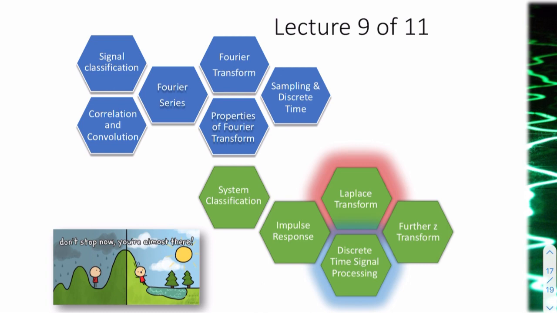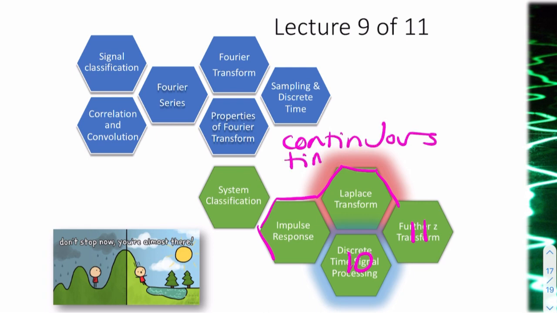What remains is lecture 10 and 11, where we'll be looking at the same two ideas that we looked at here, but we'll look at them for discrete time systems. So these two lectures, lectures 8 and 9, these were for continuous time systems.